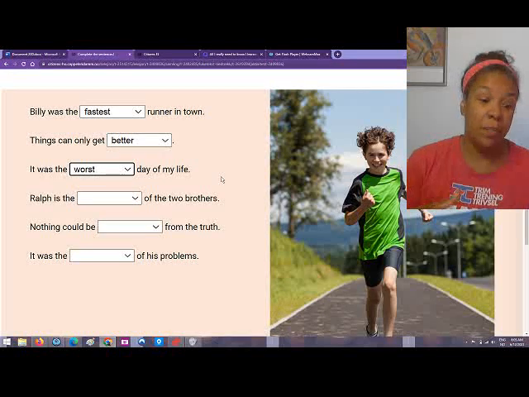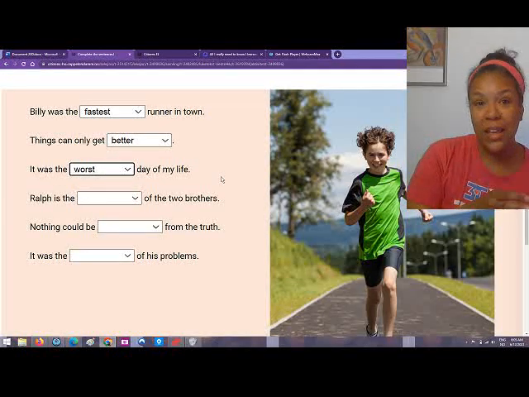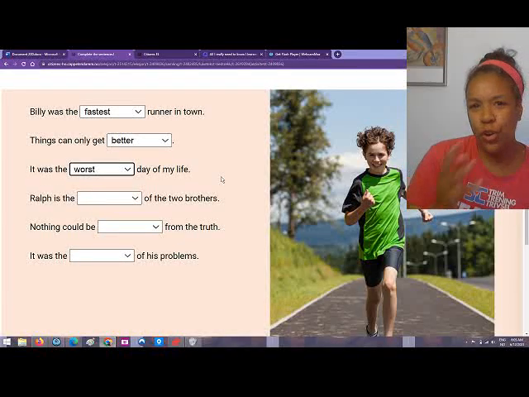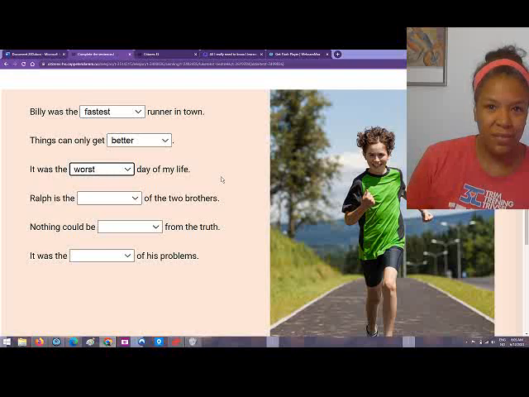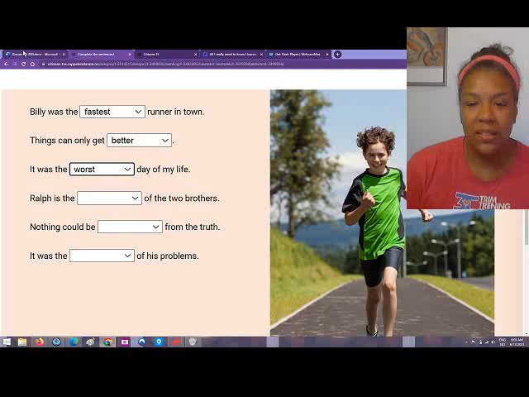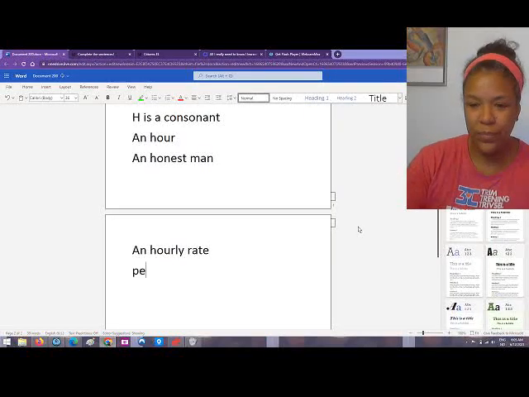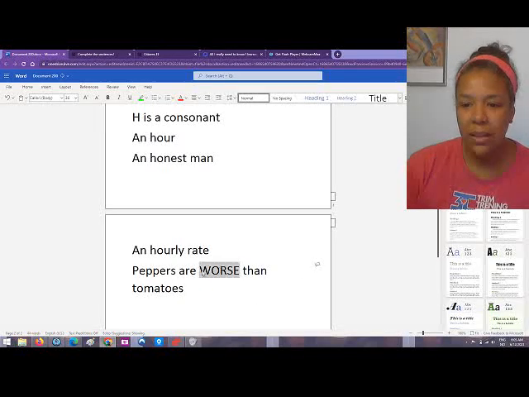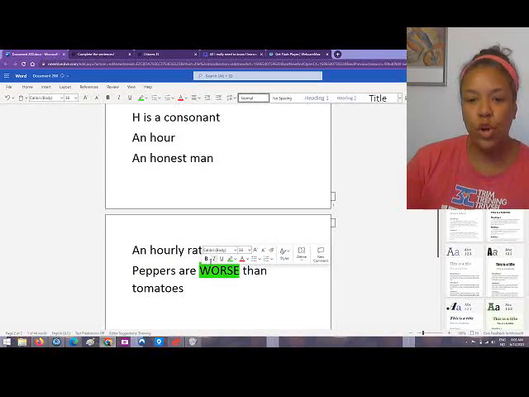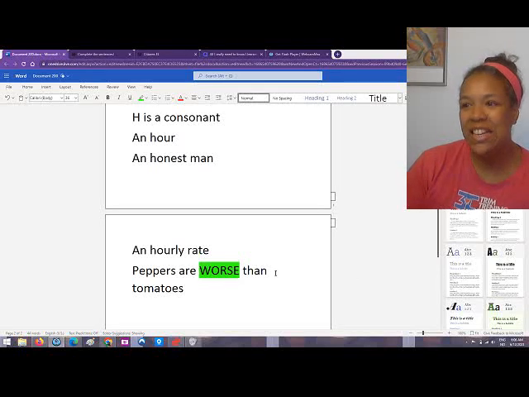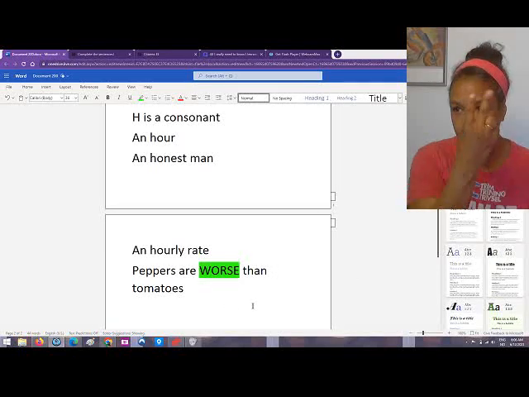So you say something is bad, then you can compare two things and say, peppers are worse than tomatoes. Because I prefer tomatoes, so I'm going to say worse. Let me give you the example here so you can see. Peppers are worse than tomatoes. So the spelling here is worse, with S-E, when you're comparing two things.